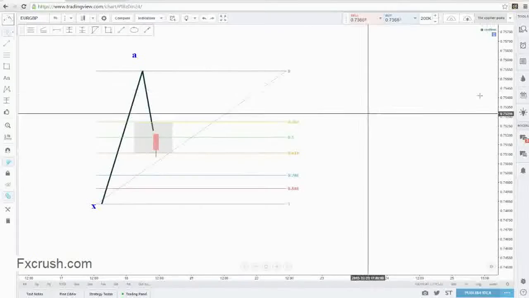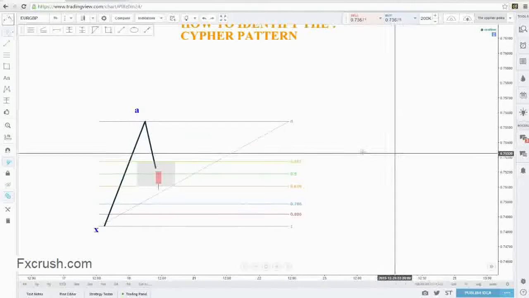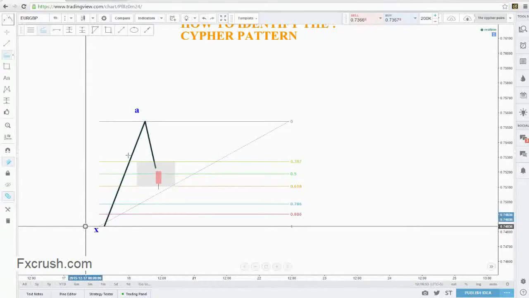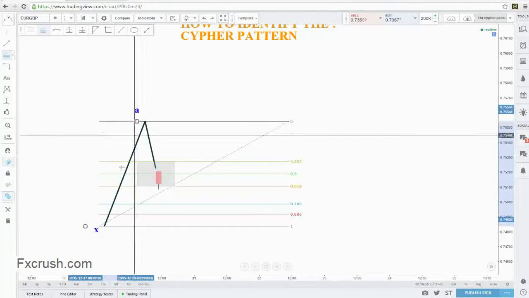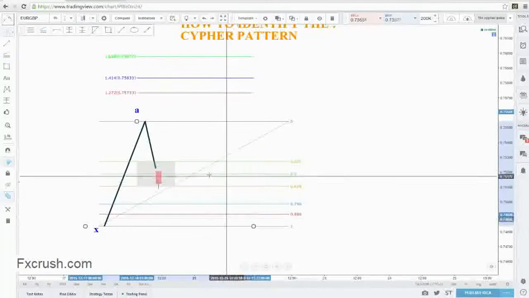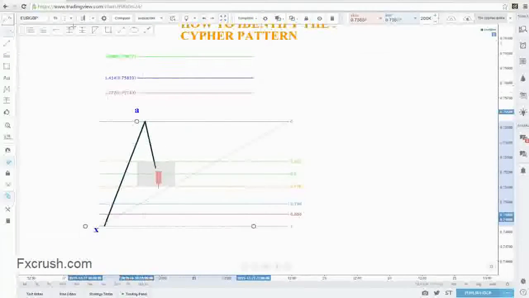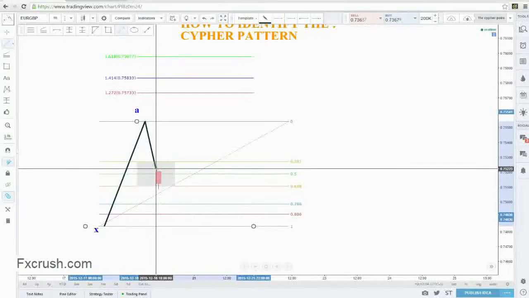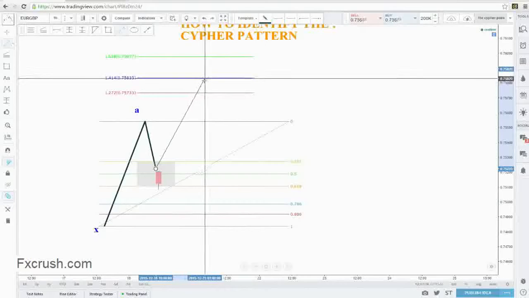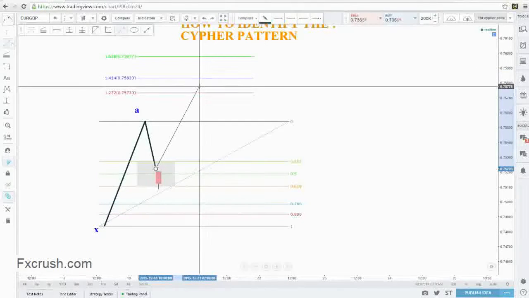Moving on, the next rule of the cipher pattern is a Fibonacci extension from X to A and back down to X, that comes up into a 127 but does not close above 1414.